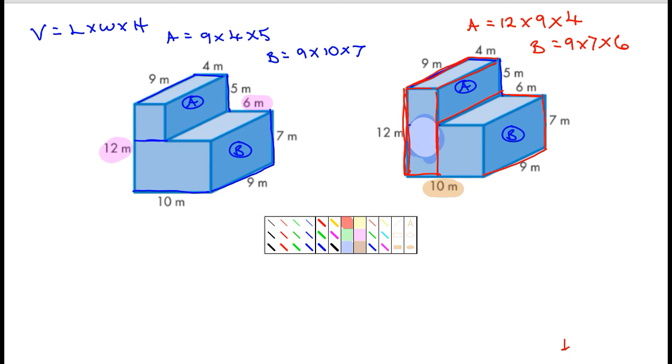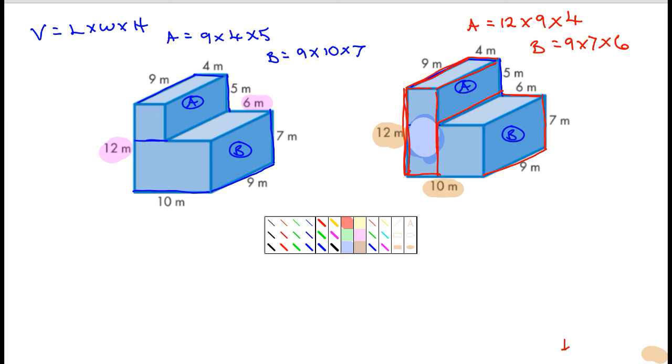We didn't use 12 again. So I guess in both cases we didn't use 12. But sometimes it's just going to depend on how you want to shape your prisms and what numbers you want to include. So sometimes you just got to look at it for a few minutes and figure it out. All right, short video.